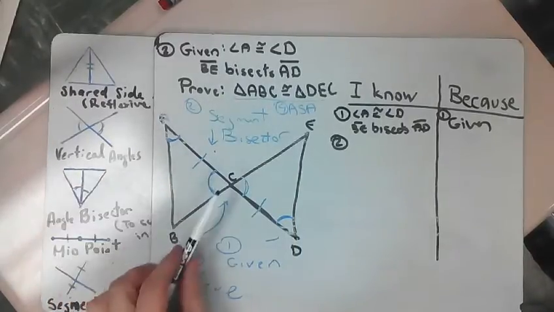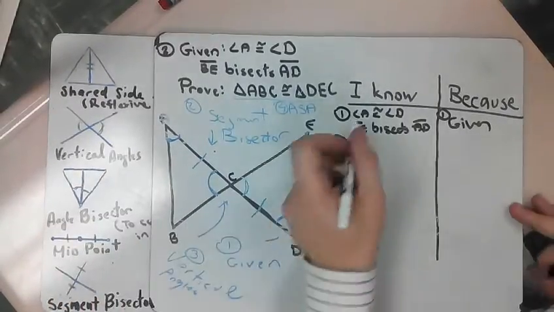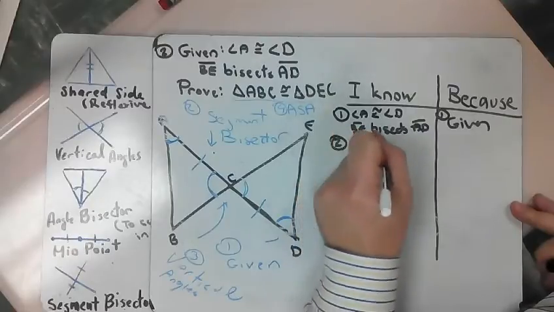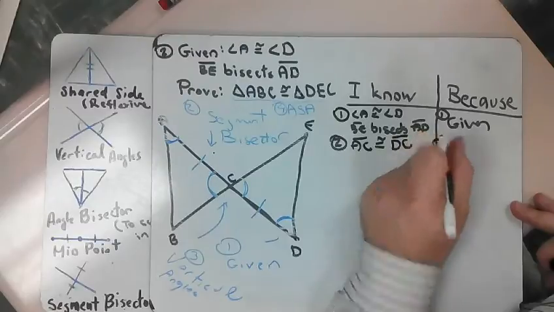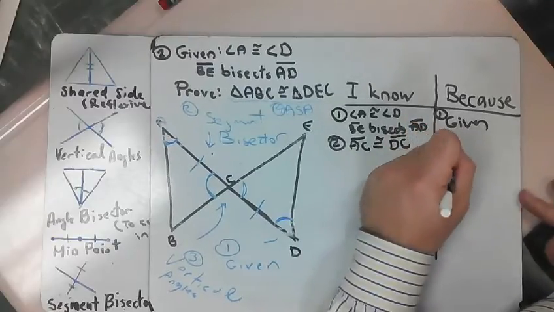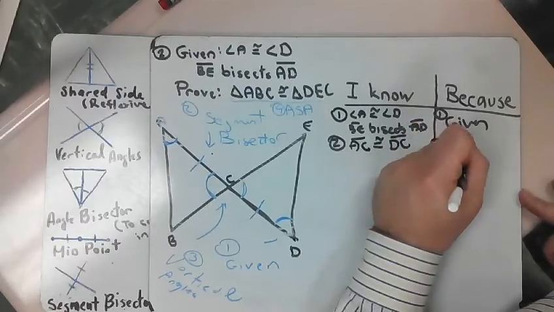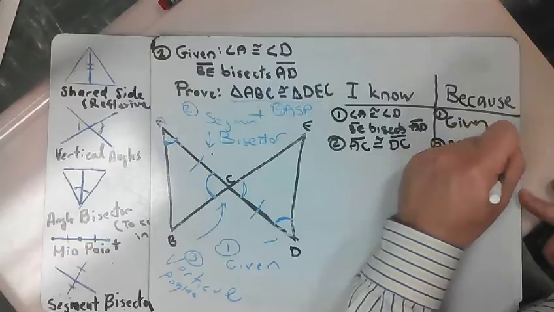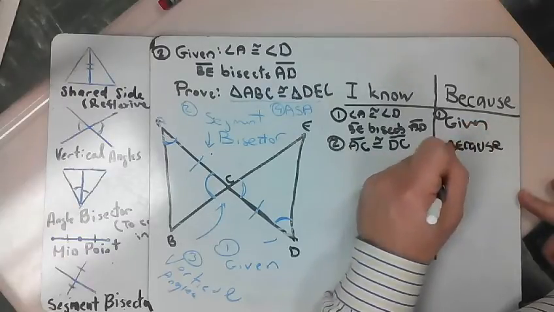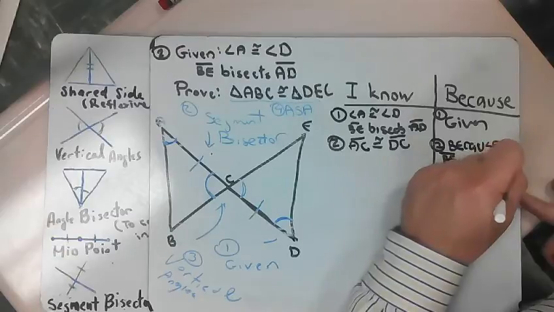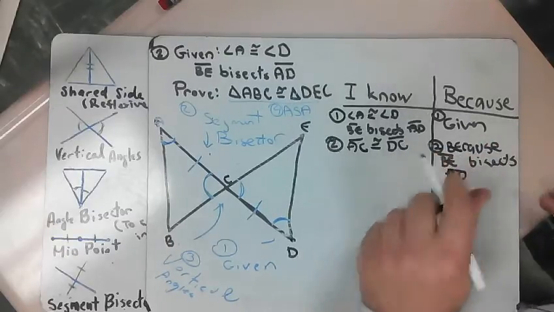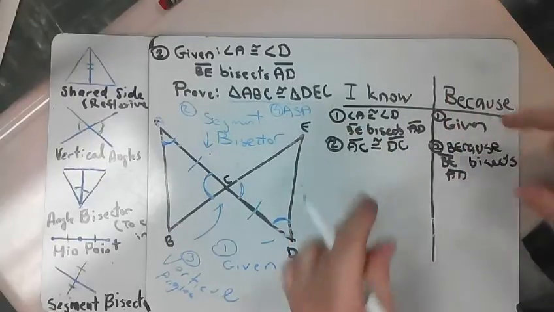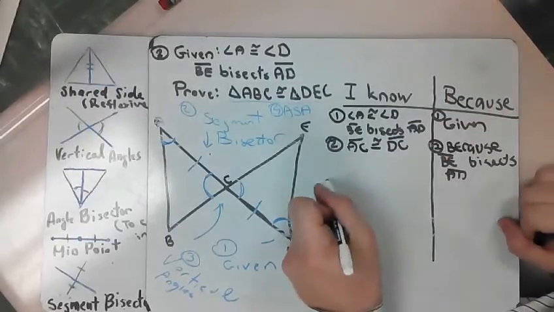As a result, AC is congruent to DC. And that is because BE bisects AD. Notice how I'm repeating that given, okay? Because I'm using that given to back up this fact.